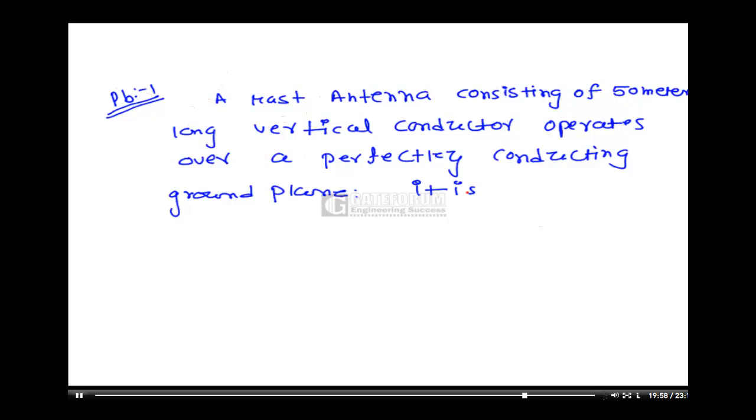It is base fed at a frequency of 600 kHz.